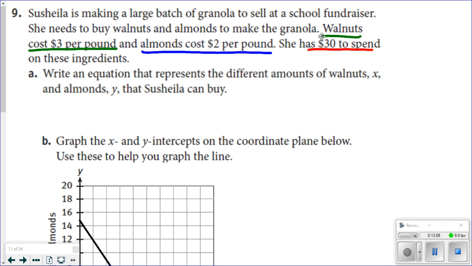Write an equation that represents the different amounts of walnuts, x. So I know that this $3 per pound is going with walnuts, which is x, and almonds are y, which is the $2. Okay?